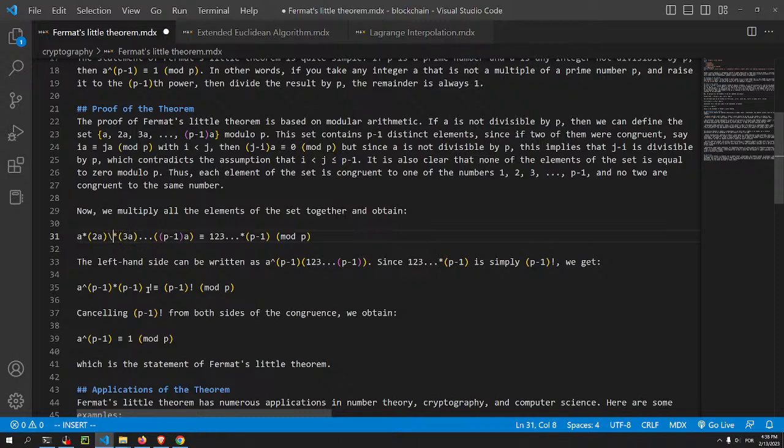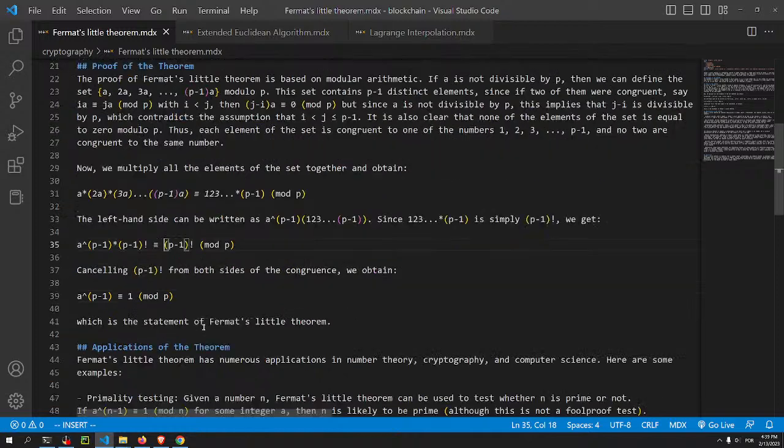I should put this inside of a code thing. And this is factorial, so it was correct there. Then you simplify, and then you get the thing.